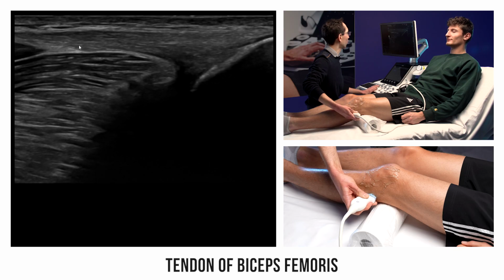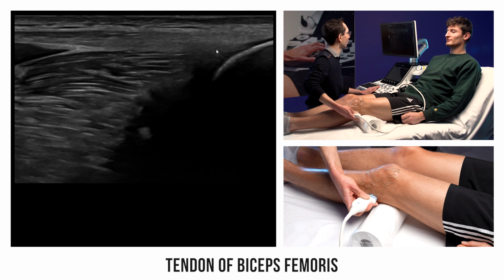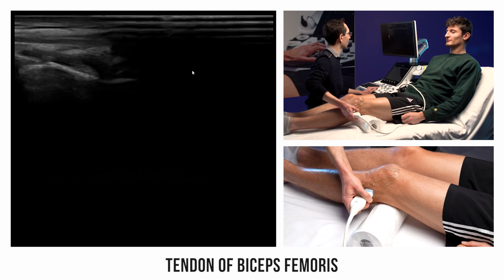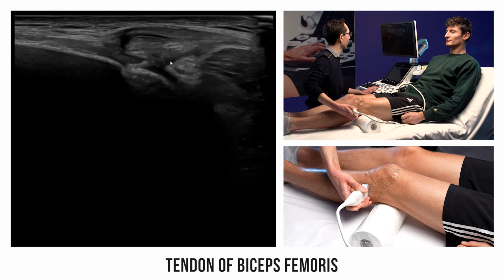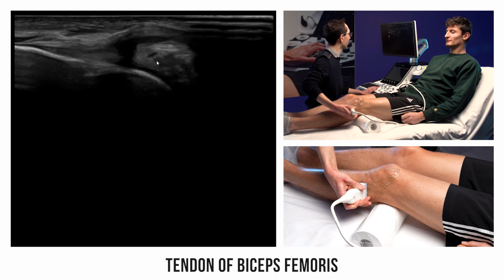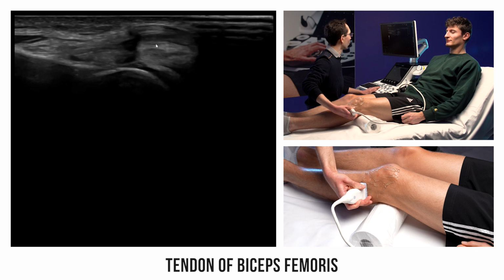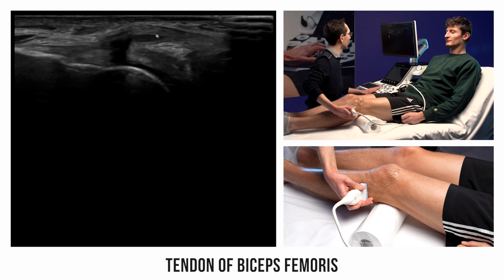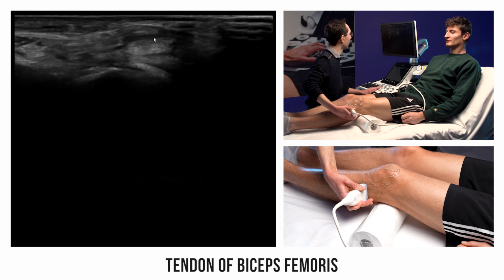The distal tendon of the biceps femoris muscle inserts jointly with the lateral collateral ligament at the head of the fibula. To differentiate between these two structures on an axial view, we can use anisotropy. In fact, by slightly tilting the probe, we can see that the echogenicity of these two anatomical structures is slightly different since their fibers are oriented differently.